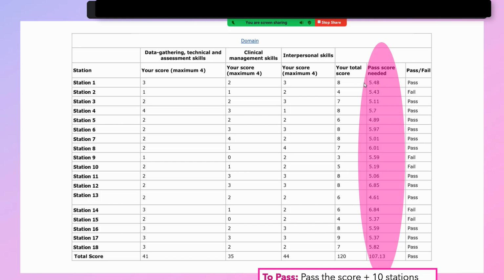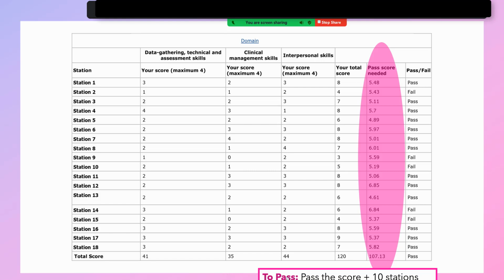You might get 7 or 8 and you don't pass. If the general performance in a specific case is low, the passing score in this case will be low. As you can see here, the passing score is 4.6. If you get 5, you pass the station. Okay, so it's based on the general performance.